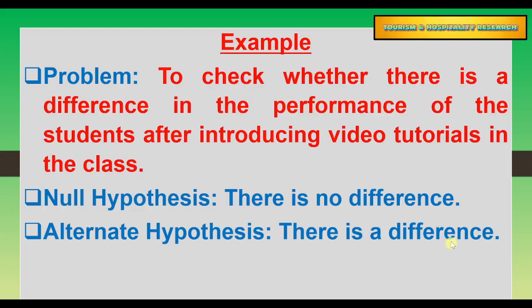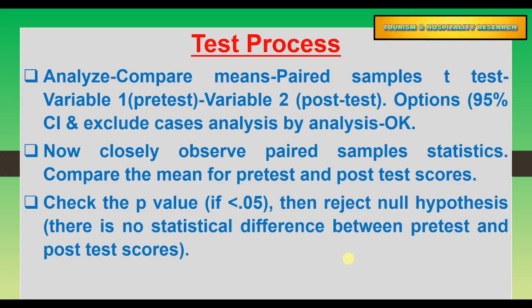How to do it? Let us check it out in SPSS. We'll go to analyze, compare means, paired sample t-test. We'll select variable 1, that is the pre-test score, and variable 2, that is the post-test score. In the options, we click on 95% confidence interval and exclude cases analysis by analysis.